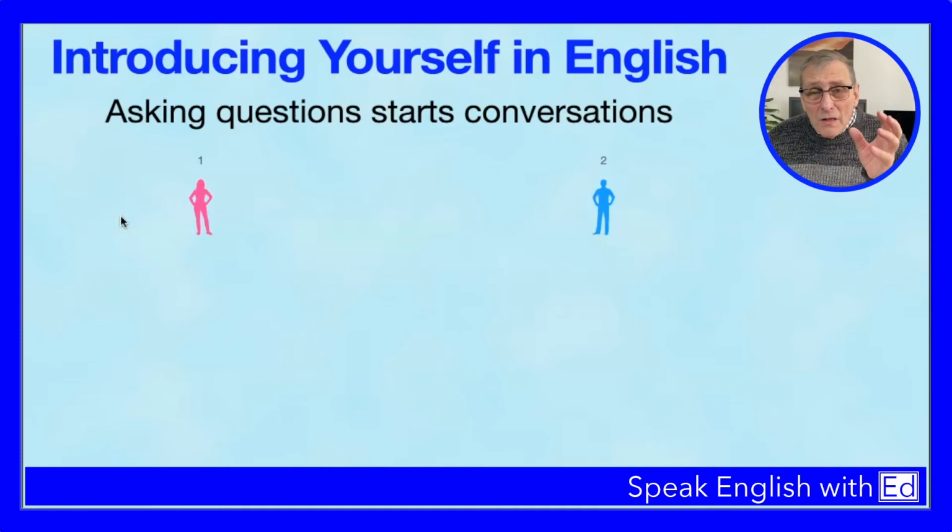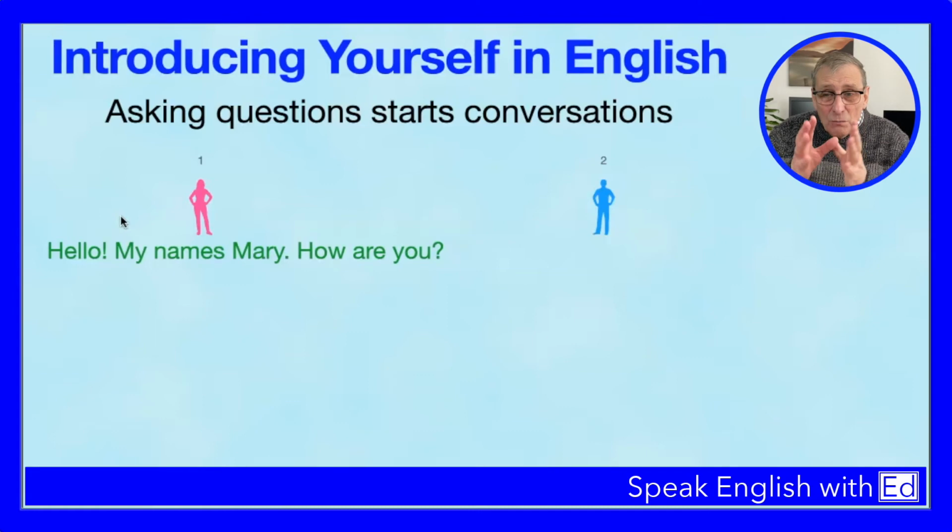So when you start an introduction, first person number one says, "Hello, my name's Mary, how are you?" So here we've got a greeting. Mary said her greeting was hello, and then she told us her name, right? And then she asked a question, "How are you?"